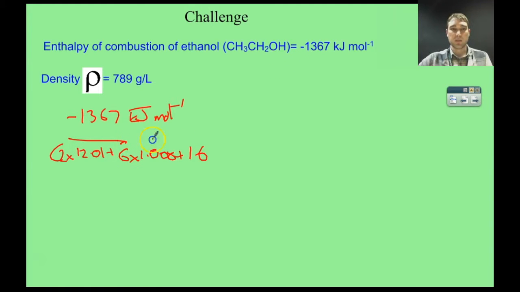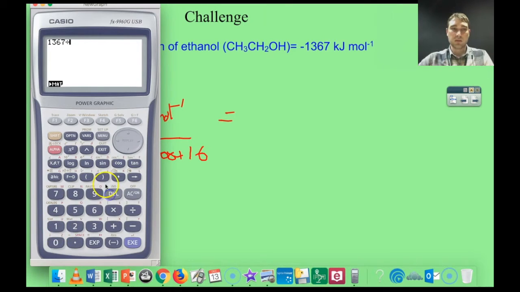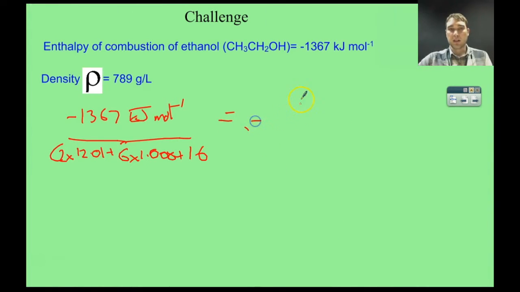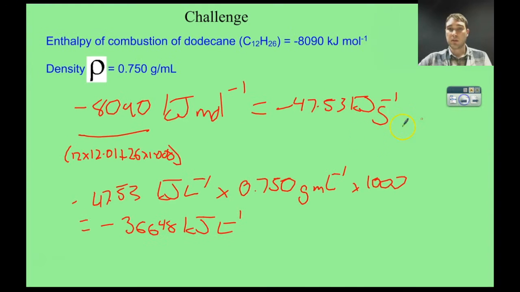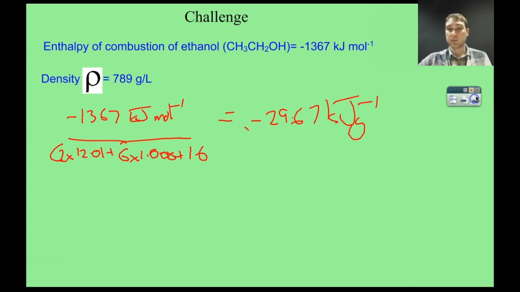There's 1 oxygen there. So let's calculate that now. And I get minus 29.67 kilojoules per gram. So now if we compare the dodecane with the ethanol, we can see that the dodecane is a better fuel per gram as well.